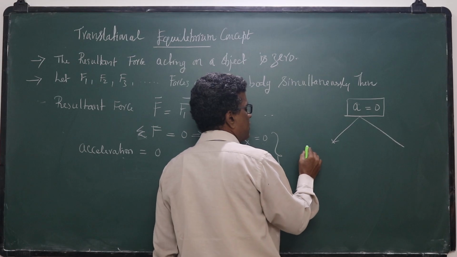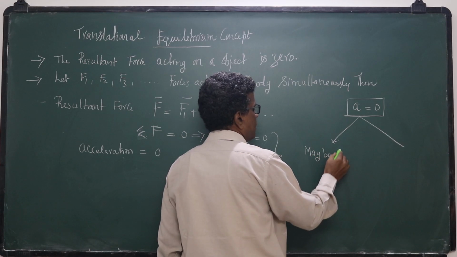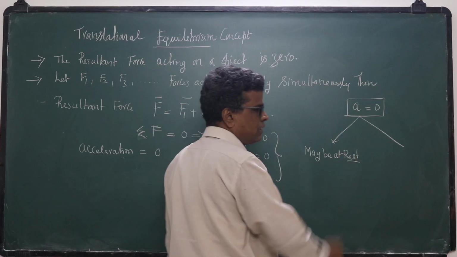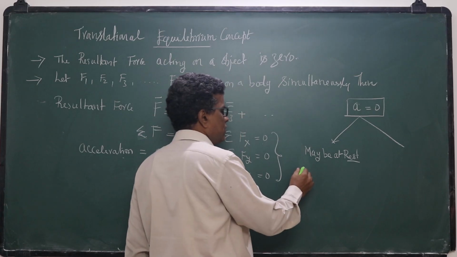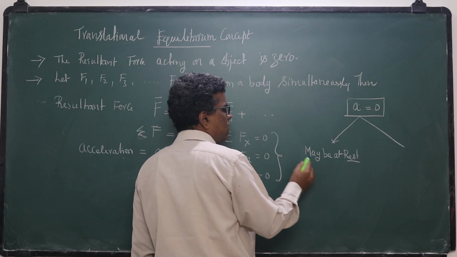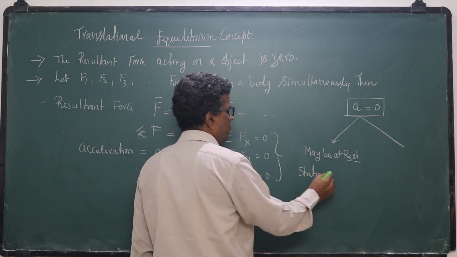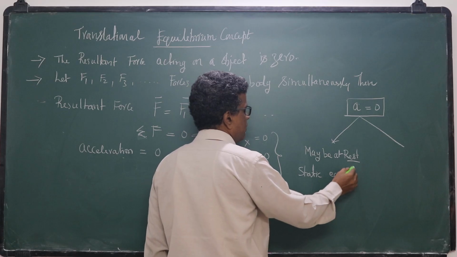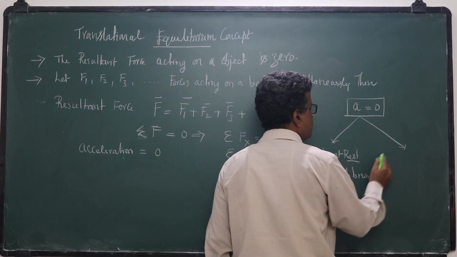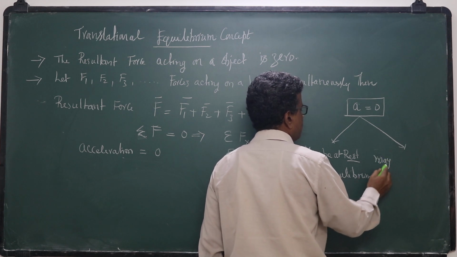Body may be at rest. If the body is at rest, then its acceleration is zero. Such a type of equilibrium we can call static equilibrium. Or the body may move with uniform velocity.